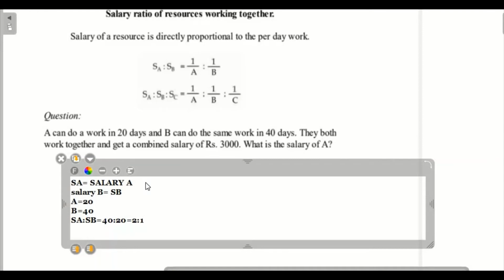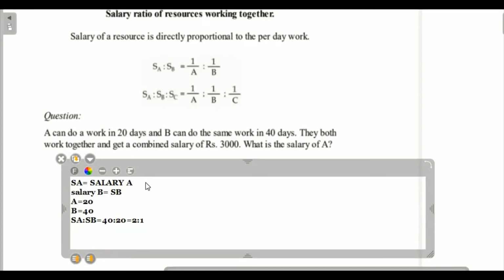Now we have to find the salary of A. So SA equals 2 divided by, so 2 into 1, what we found in the ratio, into the total salary they are getting, which equals 2000. So the salary of A is 2000.